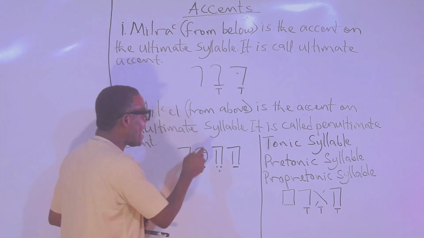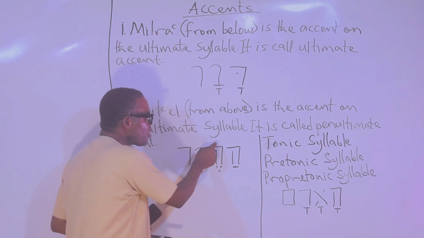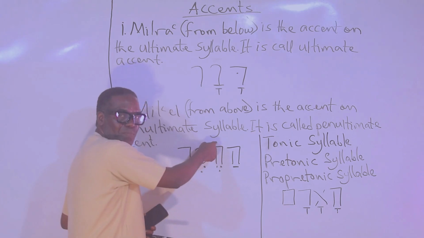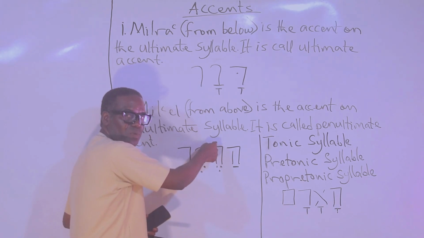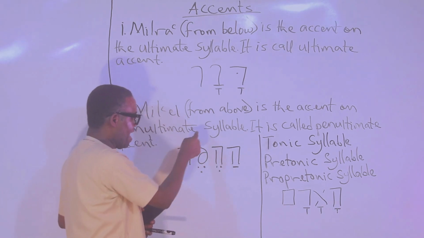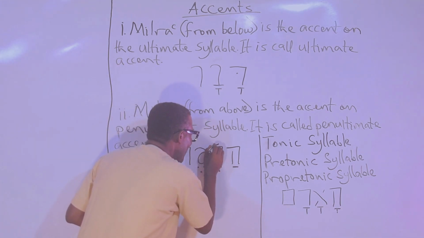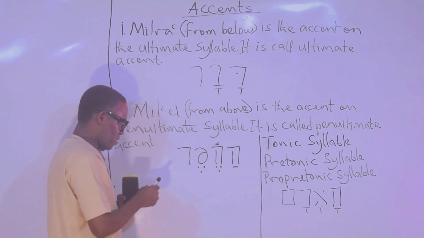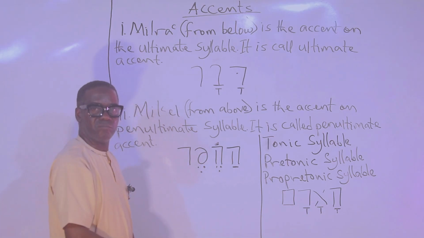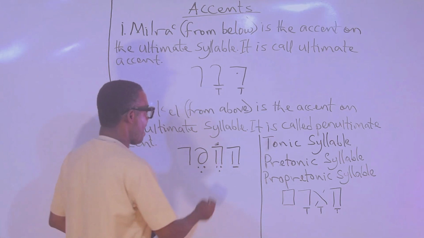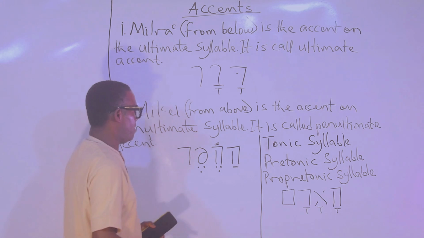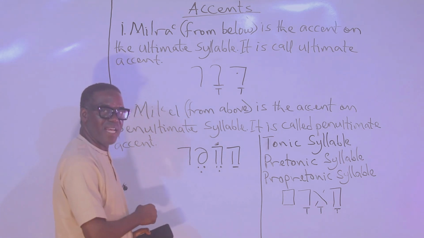Hezer. Now, the accent is on the penultimate syllable. This is the penultimate syllable, and this is the ultimate syllable. So we put the accent sign on the top. So we have ha hezer.